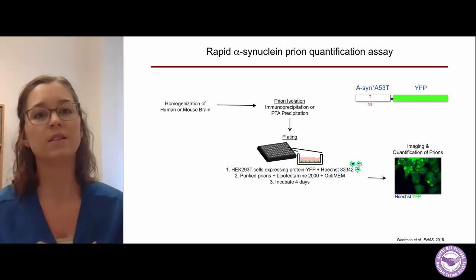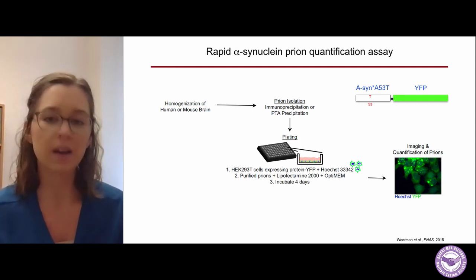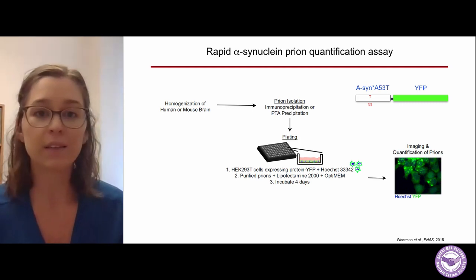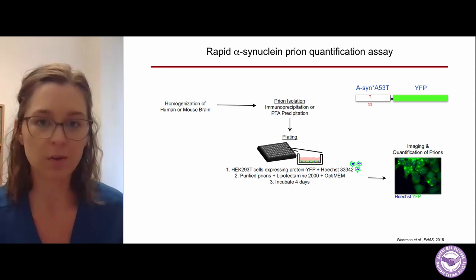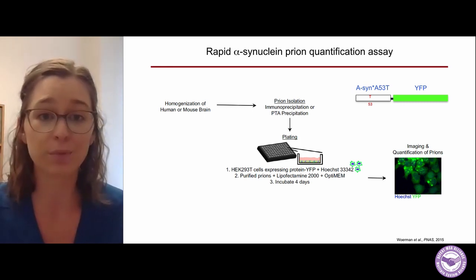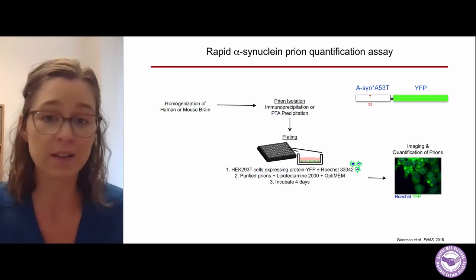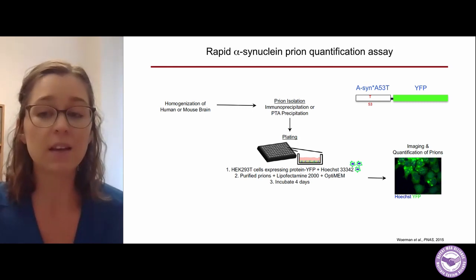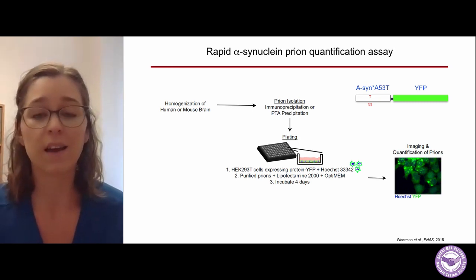And then once the cell line was engineered, we can now use it to plate in a 384 well plate in the laboratory. We let the cells grow and stick onto the bottom of the plate. We can isolate our prions from human or mouse brain samples, and then we can take those α-synuclein prions and infect those cells and let them incubate and grow for 4 days.